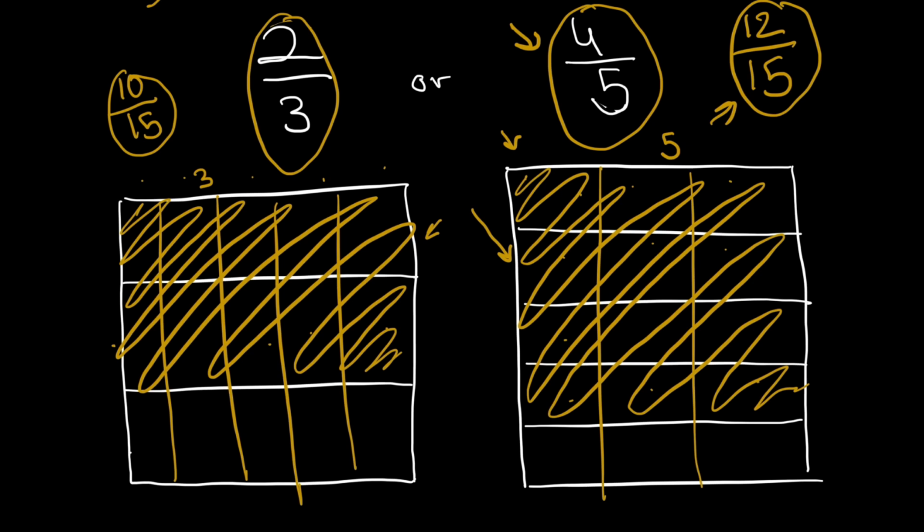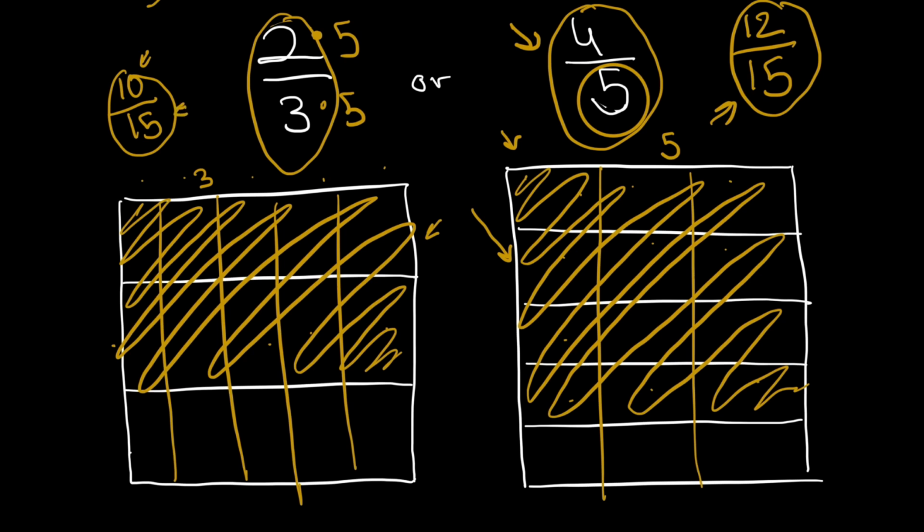And notice how we use the same method that we did while adding and subtracting fractions with different denominators. We took the second fraction's denominator, and we multiplied it by the numerator and denominator of the first fraction, because 2 times 5 is 10, and 3 times 5 is 15.